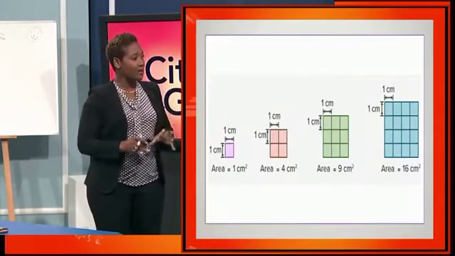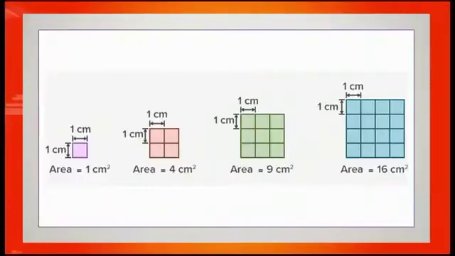Here we are a little bit more specific. The first shape we have is a square with sides measuring 1 centimeter. Now the area of that 1 centimeter square is 1 square centimeter, because it covers itself pretty much. Then we have another square.